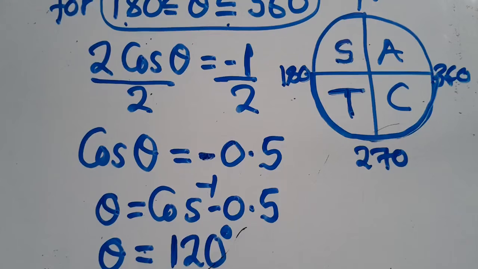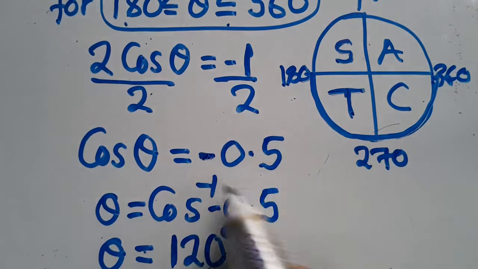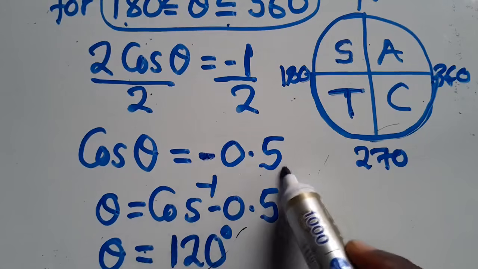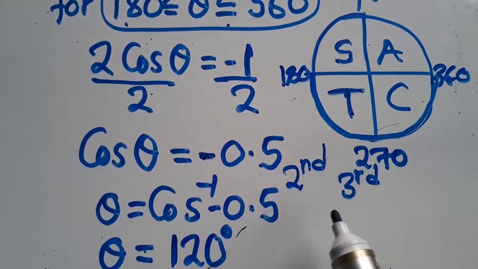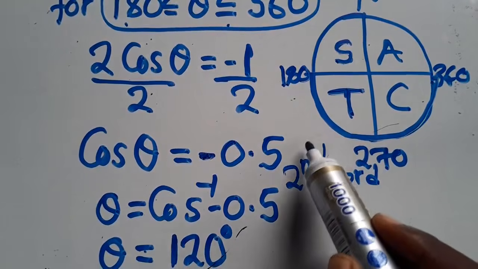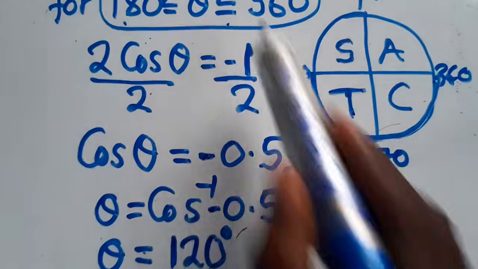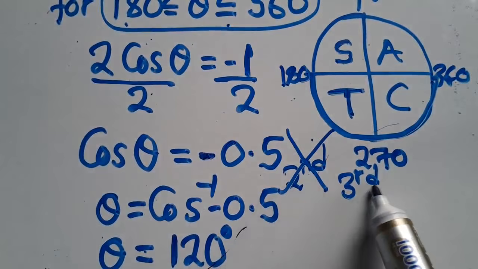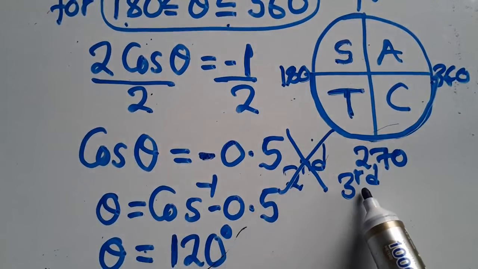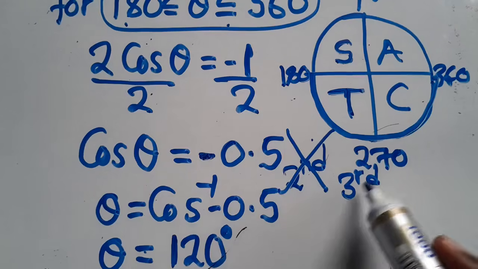Since the answer is in the second quadrant and the third quadrant, but according to the scale given the second quadrant is not included, we won't concentrate on it. We go to the third quadrant. How do we find theta in the third quadrant?